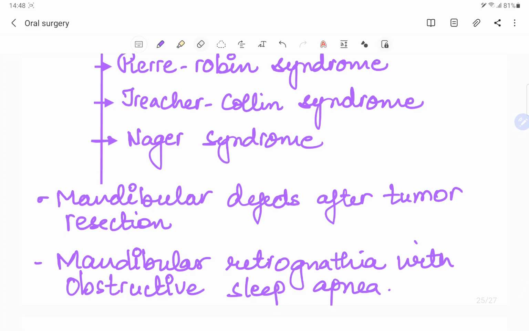That way we induce new bone formation, we induce histogenesis. The rest of the situations: a mandibular defect after a tumor, if we have removed the mandible, then also we can use distraction osteogenesis, or mandibular retrognathia with obstructive sleep apnea, or mandibular asymmetry, then also we can use distraction osteogenesis.